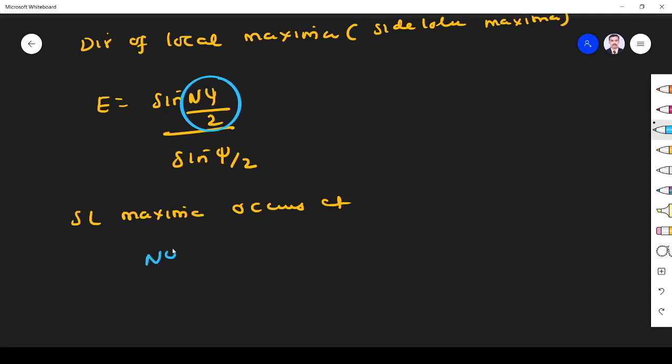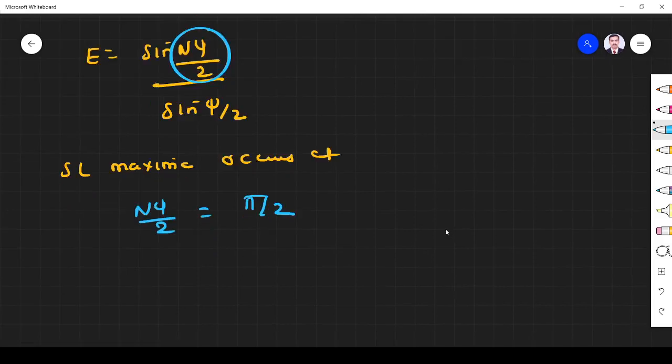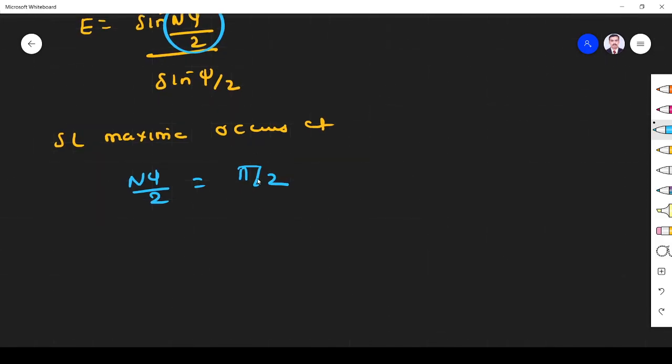So n psi by 2 is equal to pi by 2, in general 2k plus 1 pi by 2.